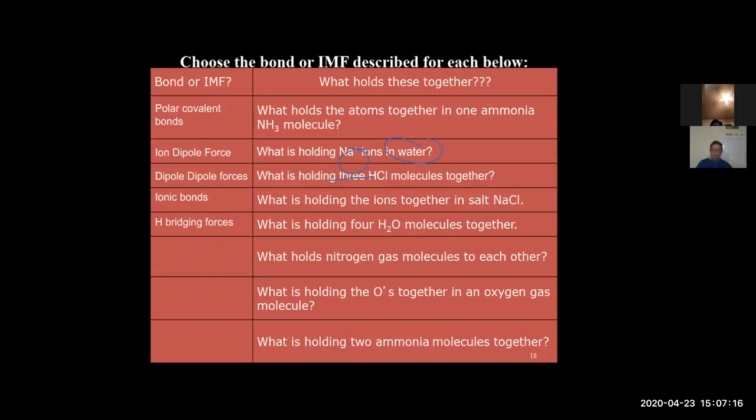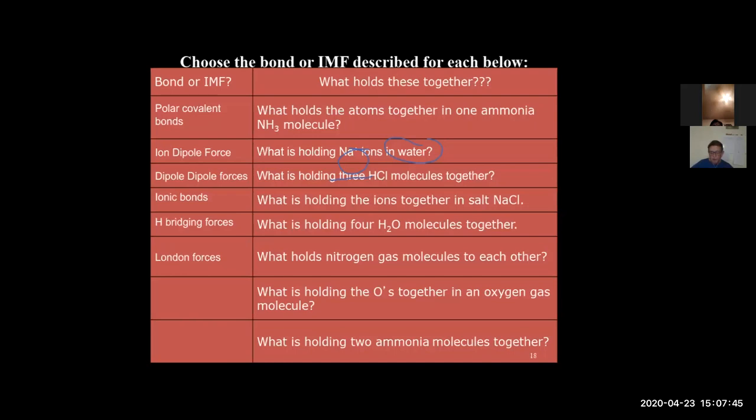And then what holds nitrogen gas molecules to each other, okay? To each other, meaning we're dealing with interactions with other molecules, okay? So we determine nitrogen gas is part of the diatomic molecules, which means it is nonpolar, which then tells you London forces, the fact that it is nonpolar.